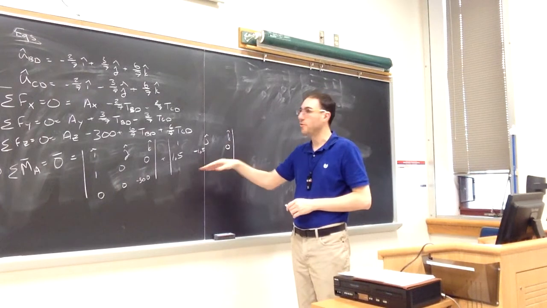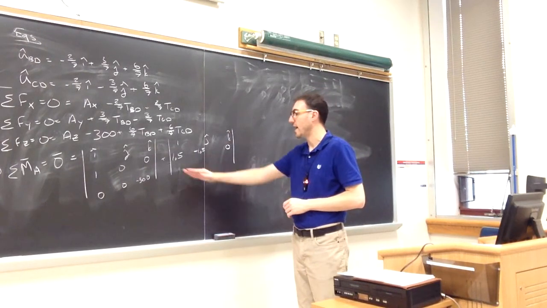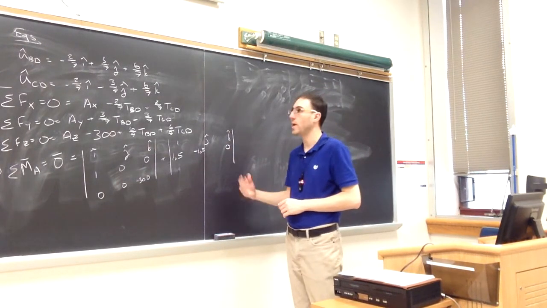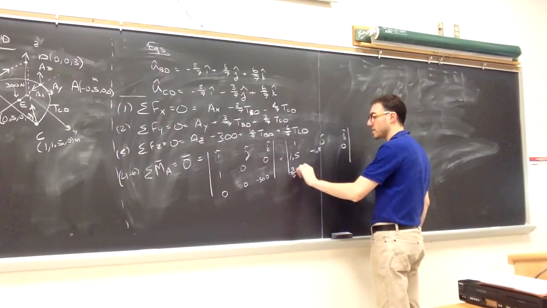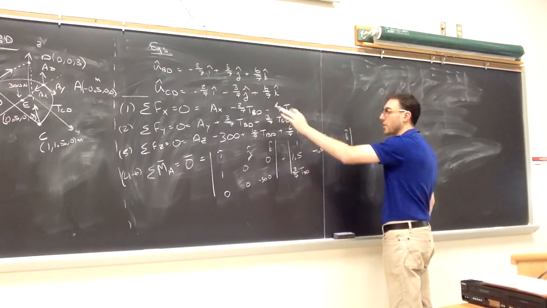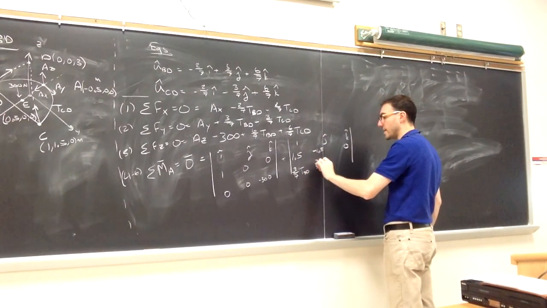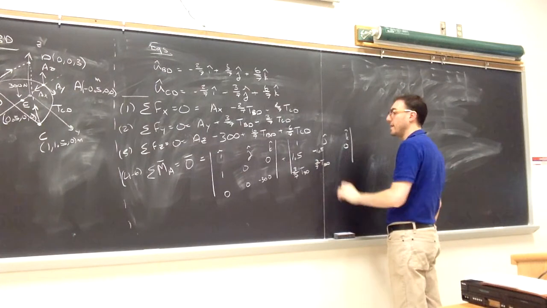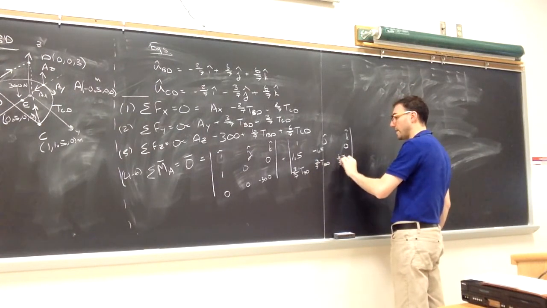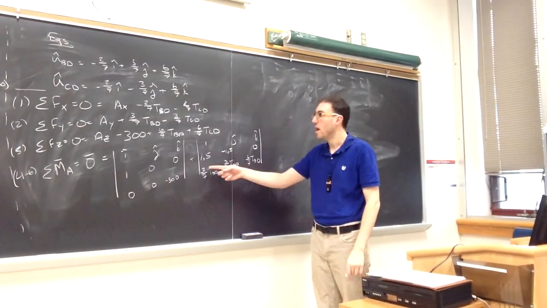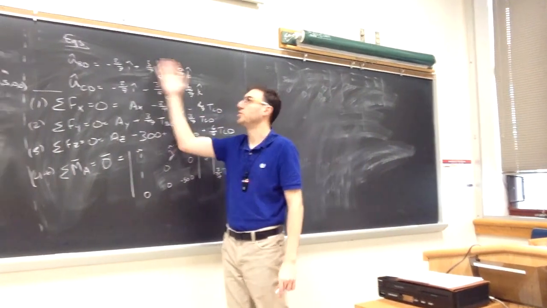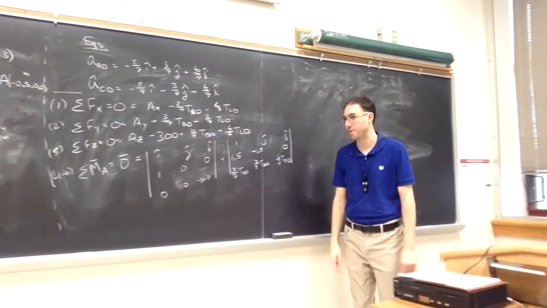Here, because I don't know numerically what TBD is, I have to put its components in with that unknown magnitude. So I put in negative 2/7 TBD, 3/7 TBD, and 6/7 TBD. So I do have an unknown TBD value, but I have to multiply it by the I, the J, and the K component of its unit vector.